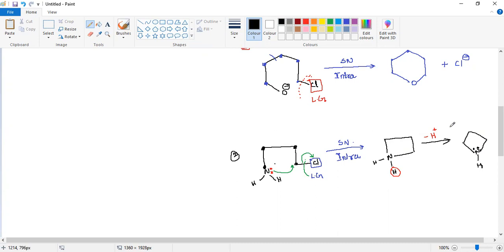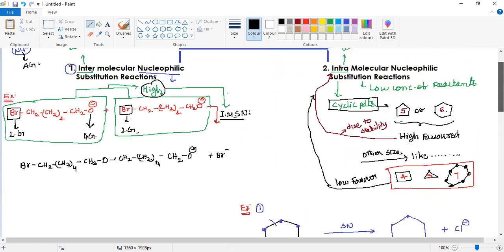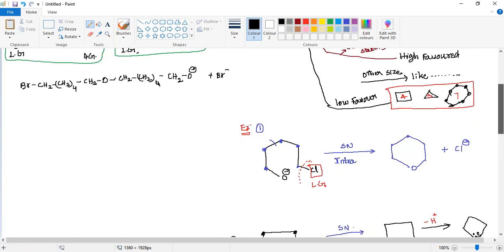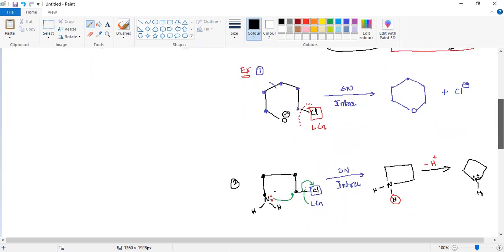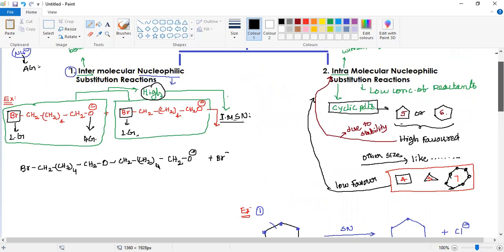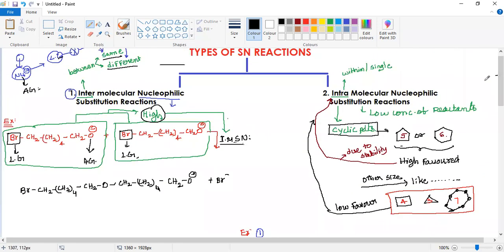Intramolecular nucleophilic substitution reaction. If you want, you can take a screenshot of this one. This is the example of the first one, inter, and this is the information about intra, and these are the two examples of intramolecular.